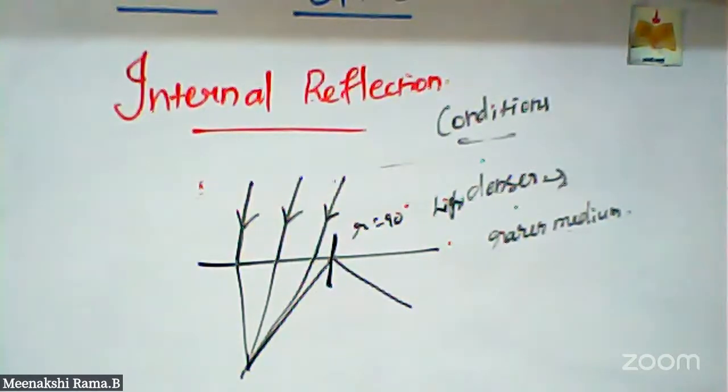The hotter air is less dense and has a smaller refractive index than the cooler air, so the ray of light bends away from the normal and internal reflection occurs. This happens in the summer season when the ground area is hot, and the air is less dense with a lower refractive index than the cooler air.